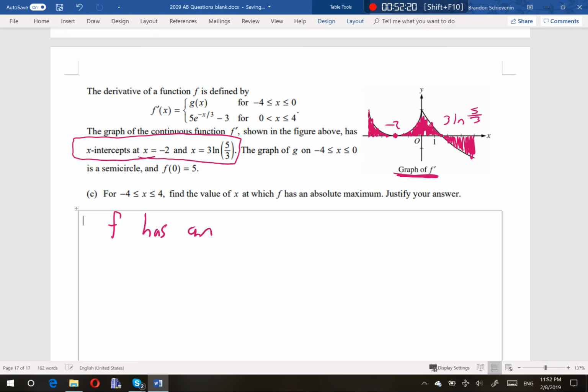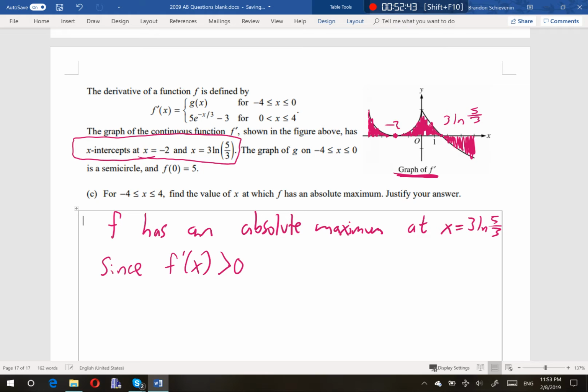F has an absolute maximum at x equals 3 ln 5/3, since f prime of x is greater than 0 on the interval from -4 to 3 ln 5/3.